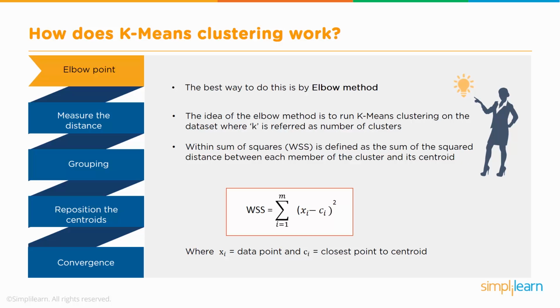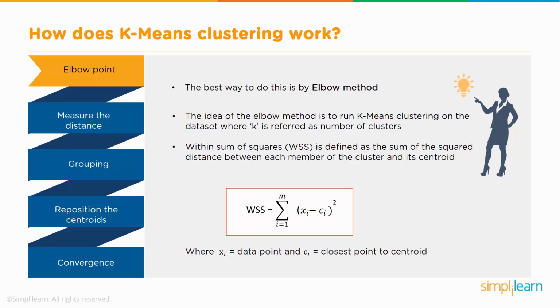When these clusters are formed, there is a parameter called within sum of squares. The lower this value is, the better the cluster is, because that means all these points are very close to each other. So we use this within sum of squares as a measure to find the optimum number of clusters that can be formed for a given data set.